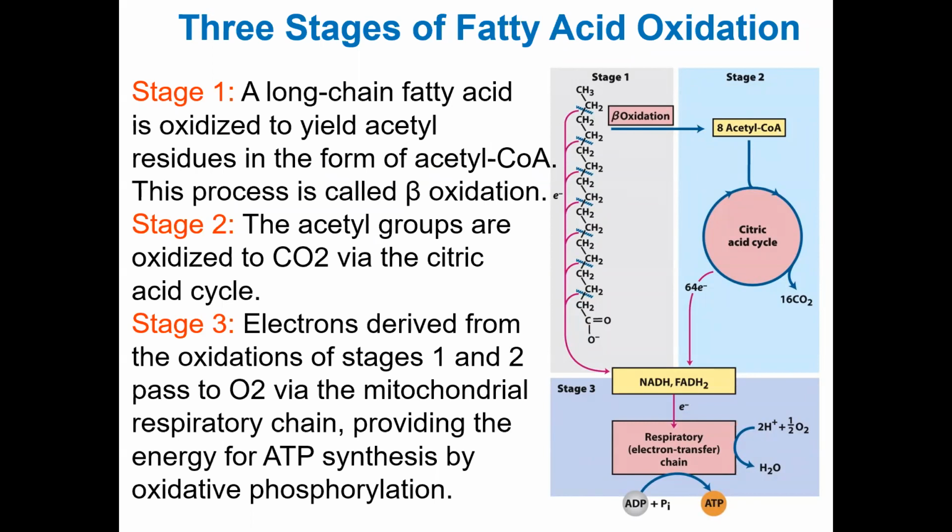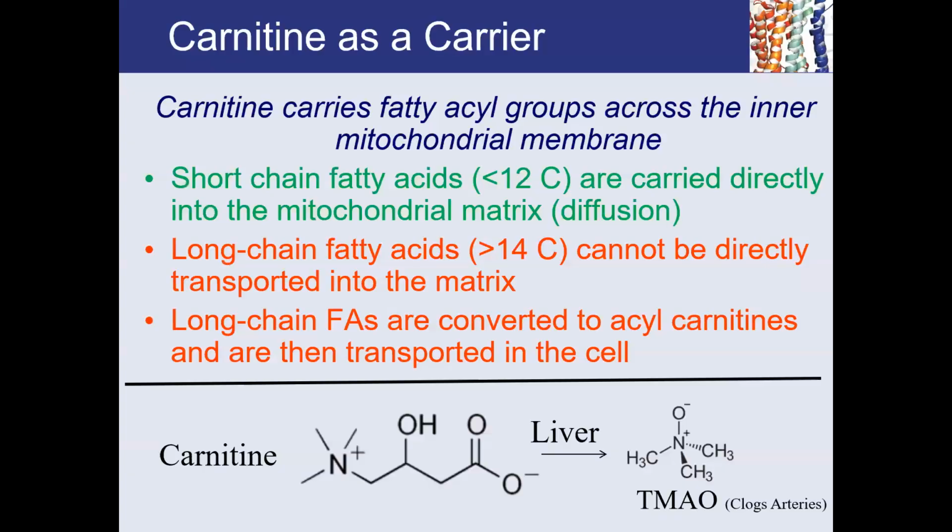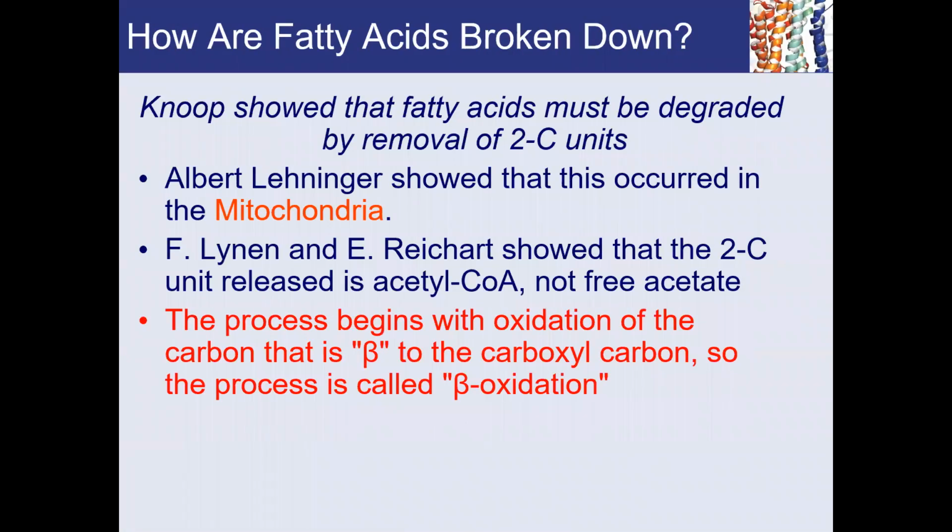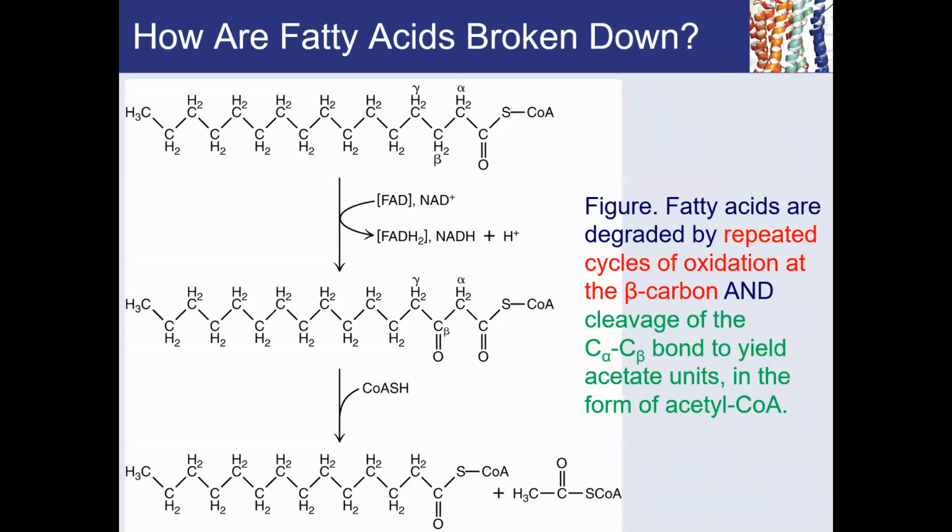So each time you run a cycle of beta oxidation, which I'm going to talk about at length in the coming slides, you basically generate 2-carbon acetate that is activated by coenzyme A, and then a 2-carbon shorter fatty acid that is also activated. Remember, I showed you that slide right here. And so you keep doing that again and again.